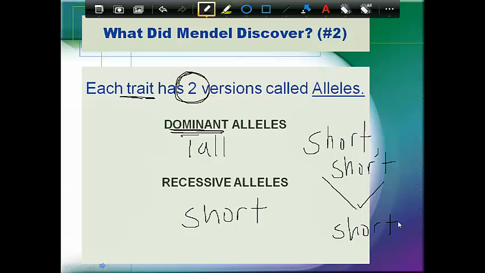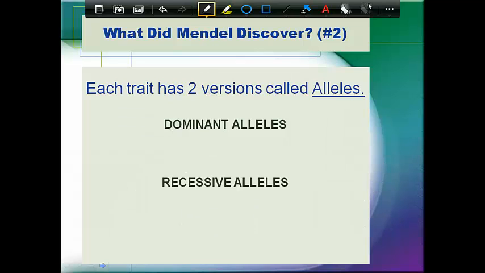All right, so that was kind of the genius behind what Mendel figured out, the idea that every trait has two versions. We now call these versions alleles. He called them characters or something like that, but we are going to call them alleles in class. And depending on the different types of alleles that come together in a pea plant or in a human or in any other organism, it determines what we'll actually see as the trait.